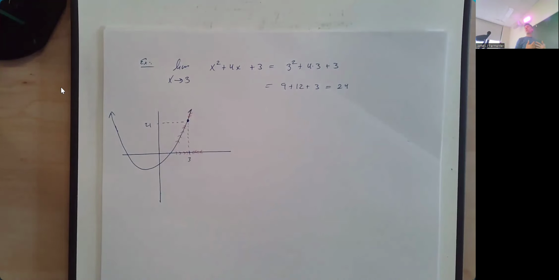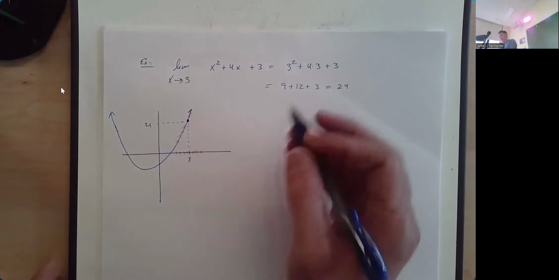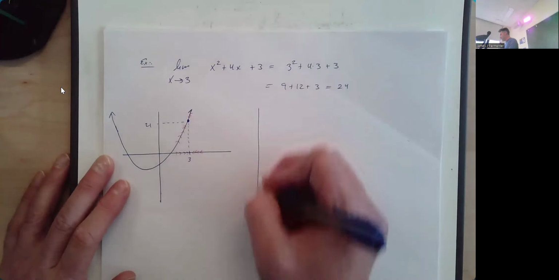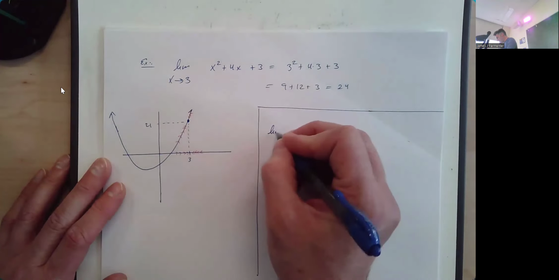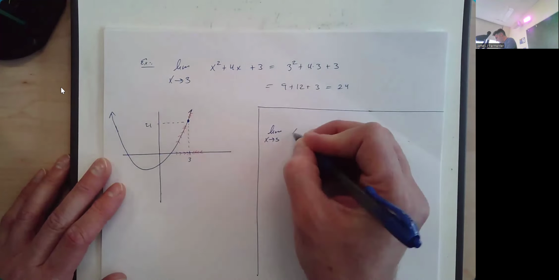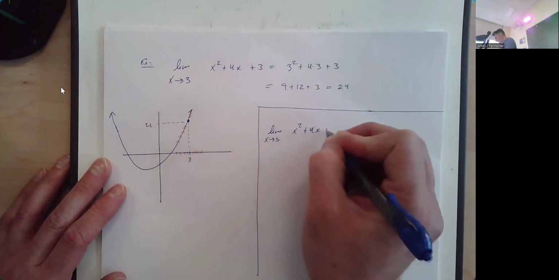Something else worth mentioning here is I used a bunch of limit laws when I did this limit. I didn't say any of that, and normally you're not going to expressly communicate that you have used limit laws. But if I really wanted to talk about the limit laws, and we'll come back to this a little later, I could have said the limit as x approaches 3 of x squared plus 4x plus 3.